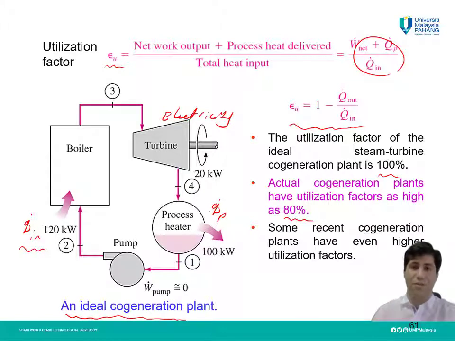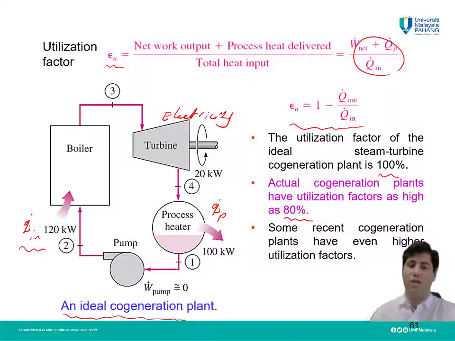Imagine we have a factory, a plant, and we use a steam cycle to produce electricity in that industry. But usually we don't need 100% of the electricity. And sometimes we may not need this process heater in the system. For example, the drying line is off for a while.